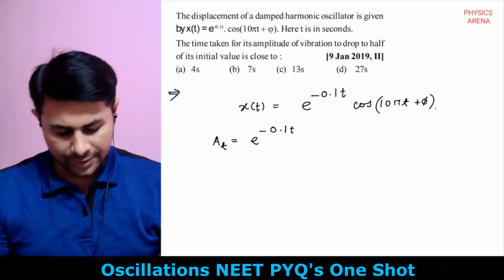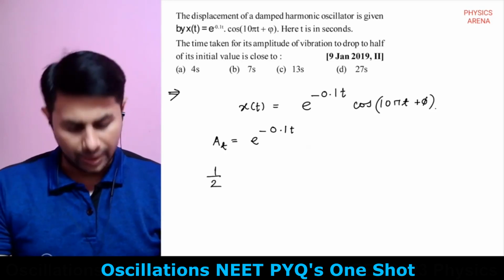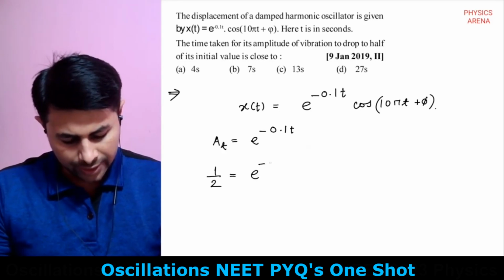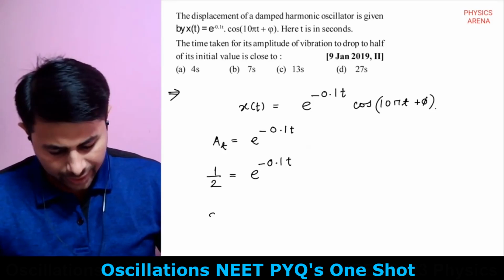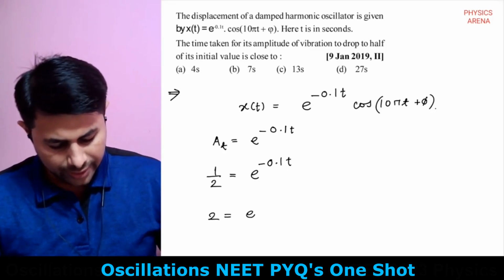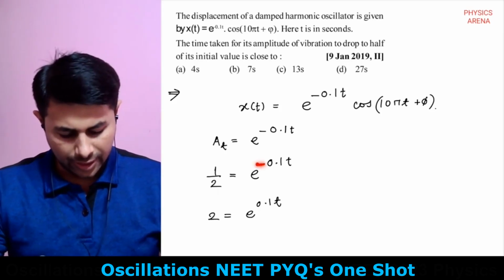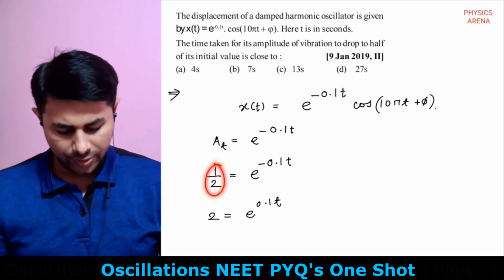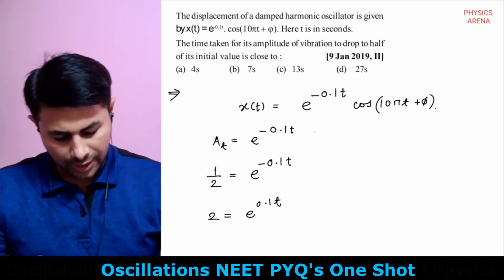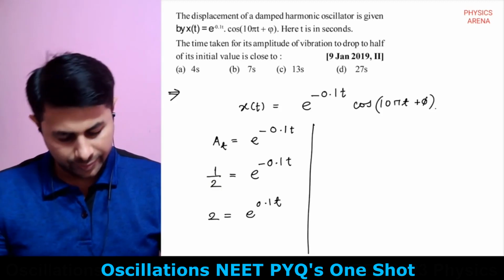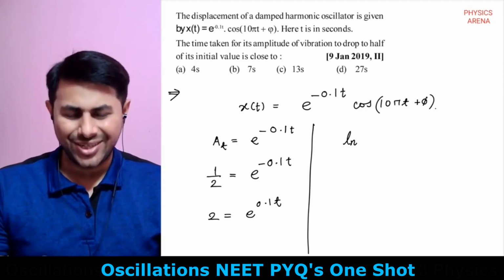Okay, so at some time, what happens? It becomes half. So half is equal to e raised to minus 0.1 t. So therefore, we can say 2 is equal to e raised to 0.1 t. What I have done is I have changed this to positive, so we have to take the reciprocal of this thing. 2 equals e raised to 0.1 t. After that, we have to take log of this. But which log? Natural log, right?